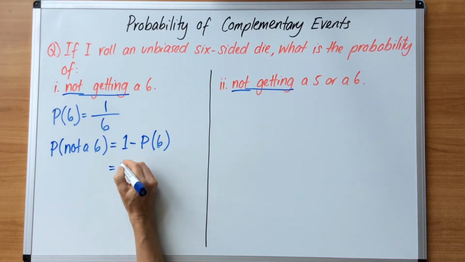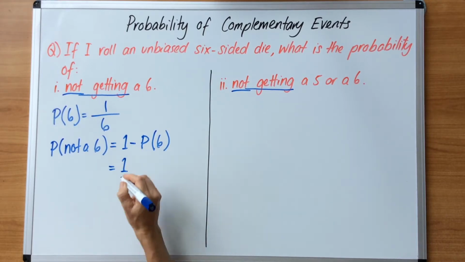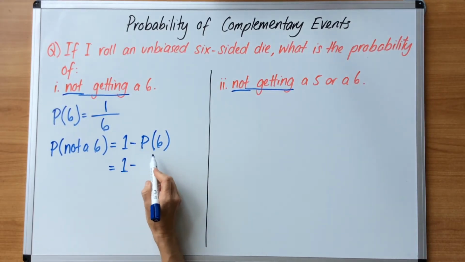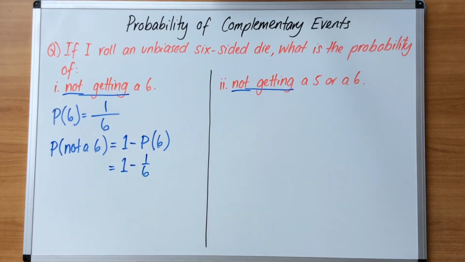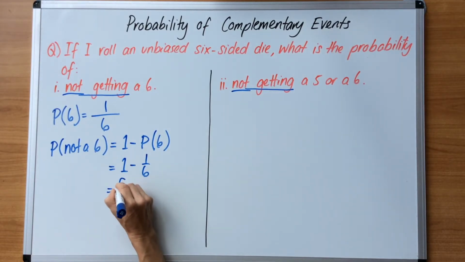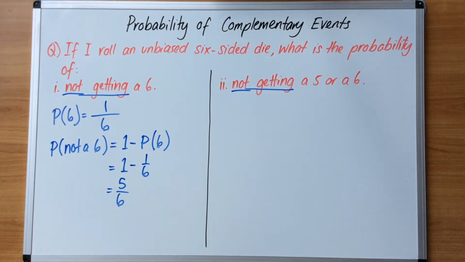Work down the page, drop the 1 down, subtract. Now we know the probability of that 6 is 1/6. And if we calculate that, 1 minus 1/6 is 5/6. And we can't simplify that.